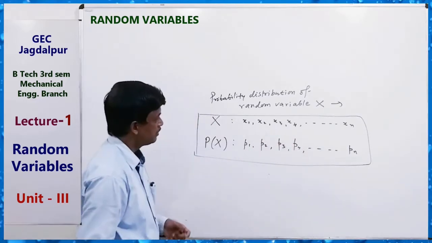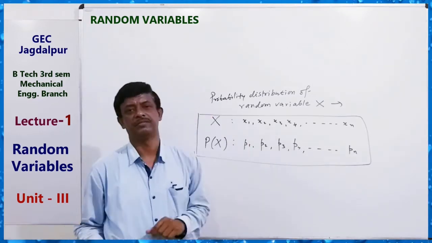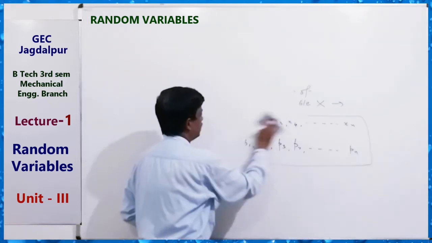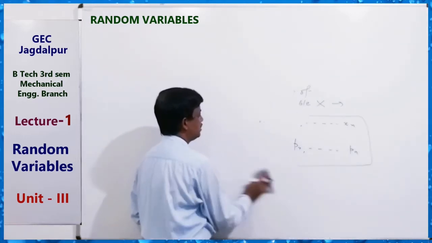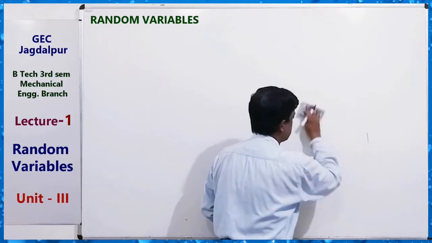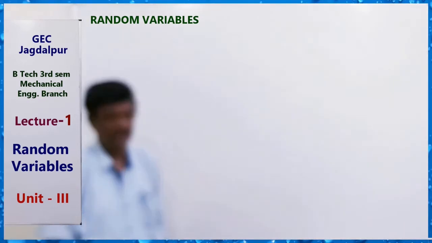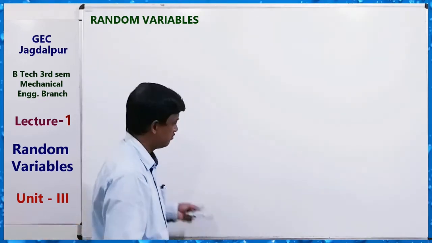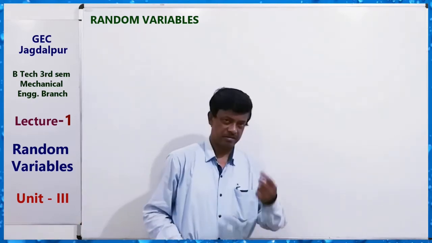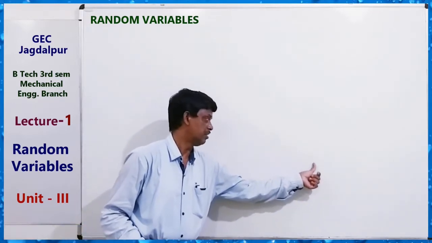Now here, the random variable takes discrete values, so it is called a discrete random variable. Now we can see that when we consider things like heights, weights, temperature, etc., these quantities can take values continuously in an interval.